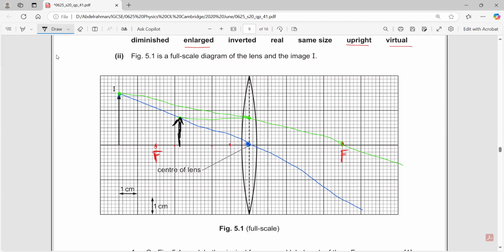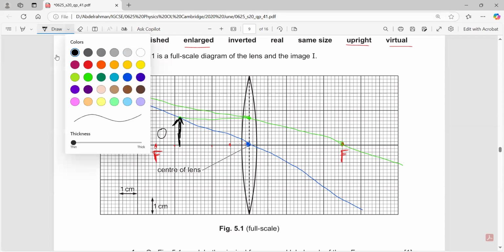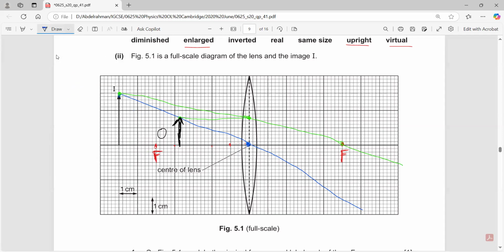How do I know that I have drawn this green line correctly? If you think about it, you have this object O. If you have any object, how do we draw the rays from it? We draw two main rays. The first ray passes through the center, the blue line. Let's trace it from the object: we draw a straight line from the tip of the object passing through the center.